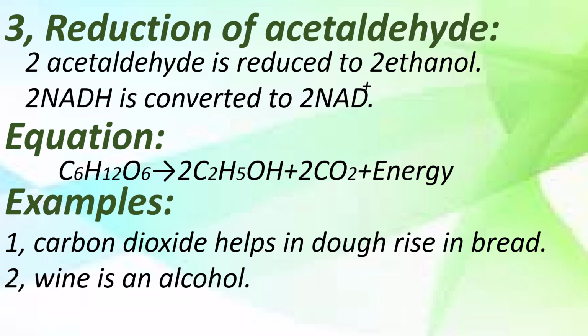In the food industry, yeast converts glucose into ethanol, carbon dioxide and energy. When we bake something, for example pizza bread, dough rise occurs due to release of carbon dioxide. This is an example of alcoholic fermentation. Second example is wine. Wine is an ethanol alcohol containing hydroxyl groups.